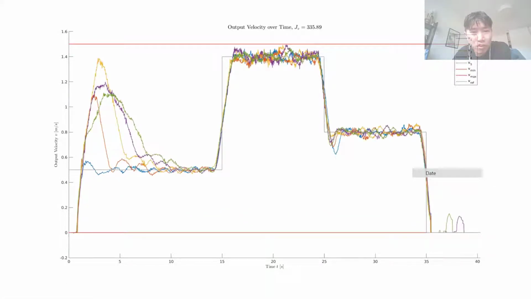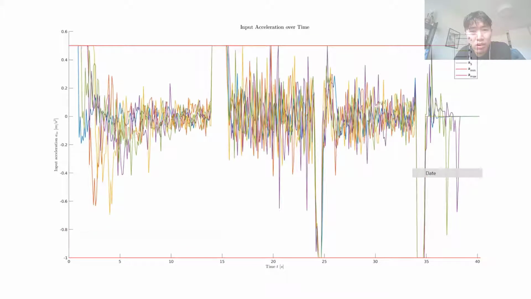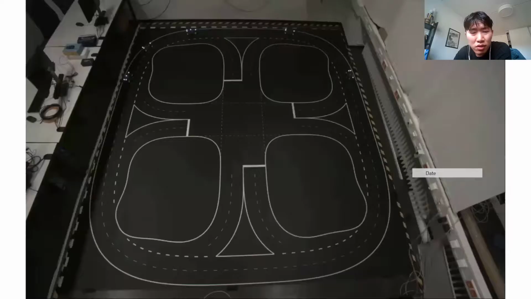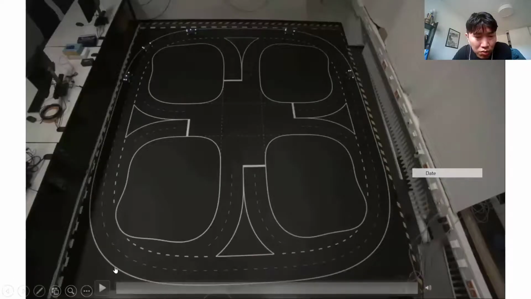Same for the velocity. Here you see how they follow the velocity profile. And here we have the input, the acceleration over time. And then just to play the video of the experiment.